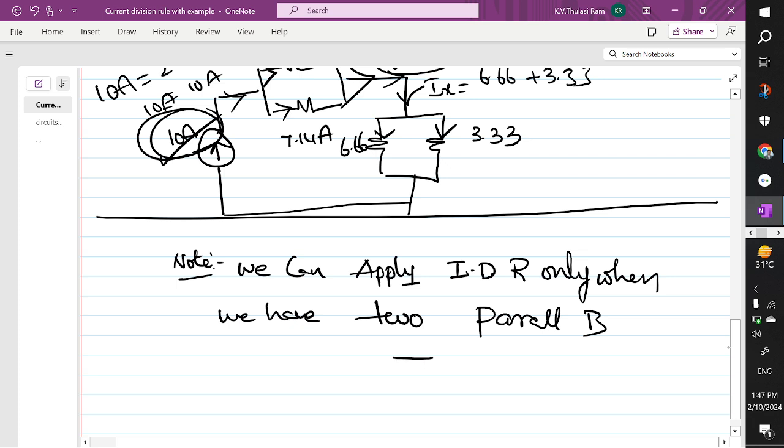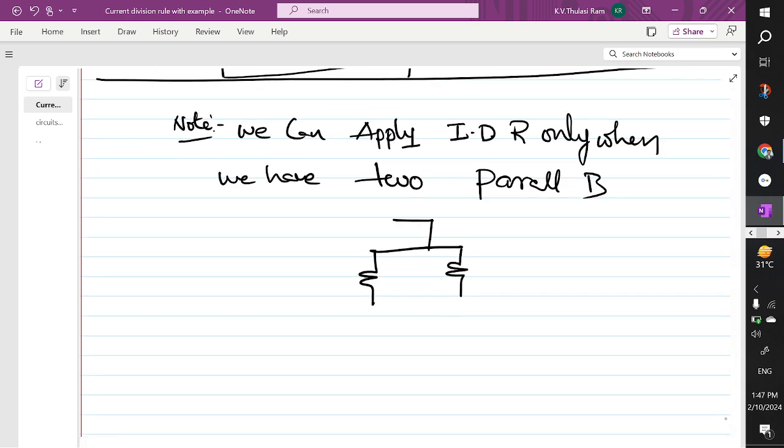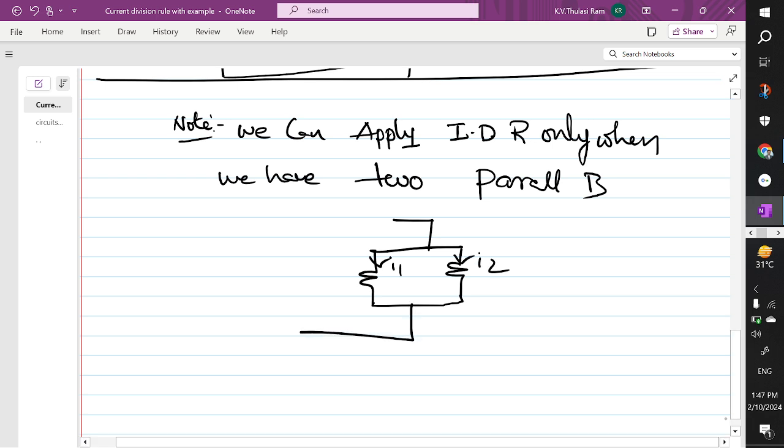For example, if you have only two parallel branches with I1 current and I2 current, then only we can apply current division. This is the main drawback.